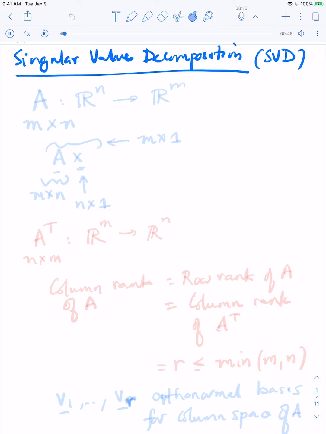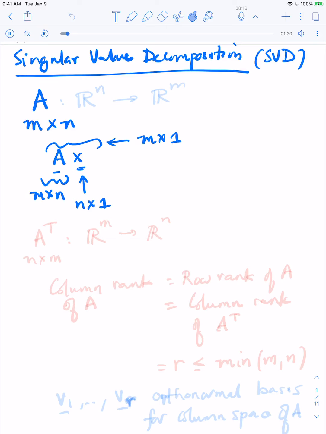So let me consider a matrix A, a generic matrix A with m rows and n columns. What is it doing? Well, if I look at A times X for any generic vector X, of course X has to be n cross 1, A is m cross n, and this A times X is m cross 1, right?